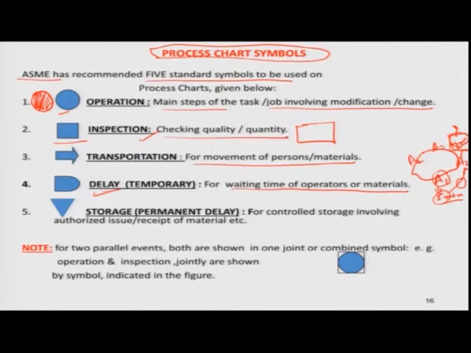And the fifth one is storage. After inspection of everything, this is the storage department from where your product is going to market. That is why it is sometimes called permanent delay.